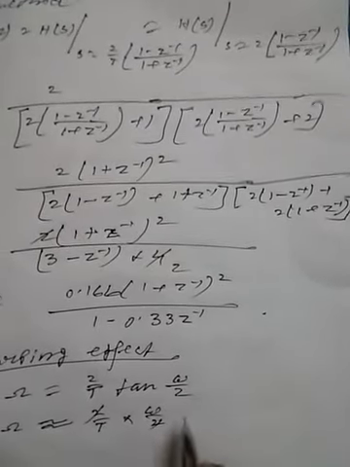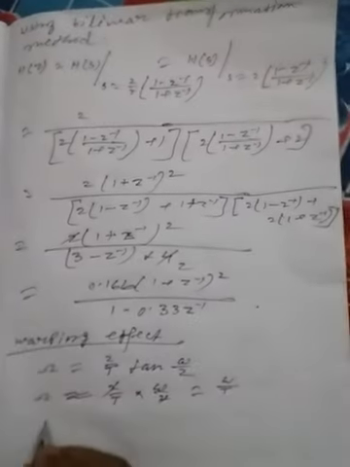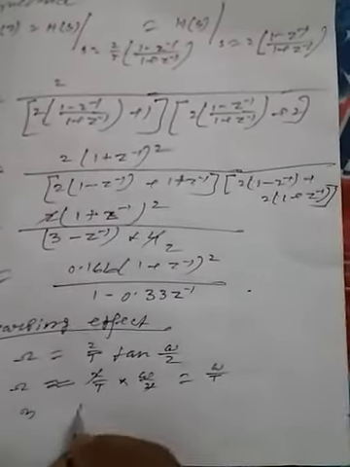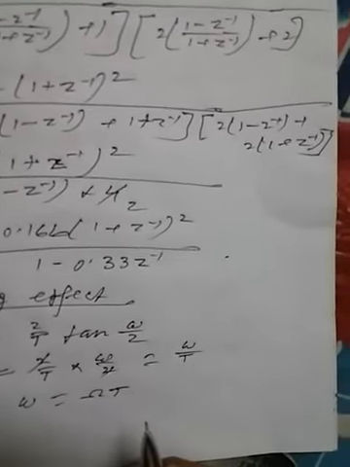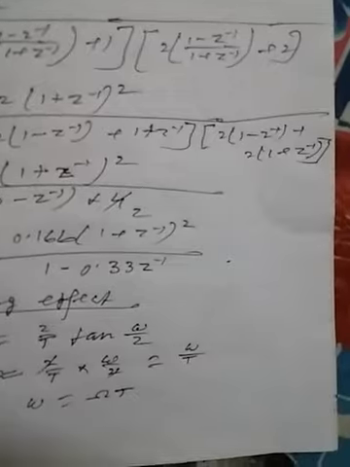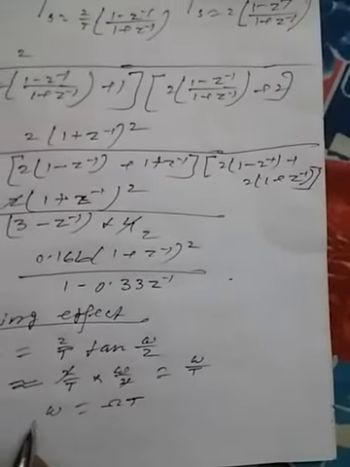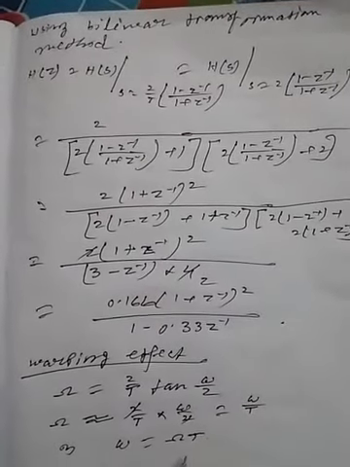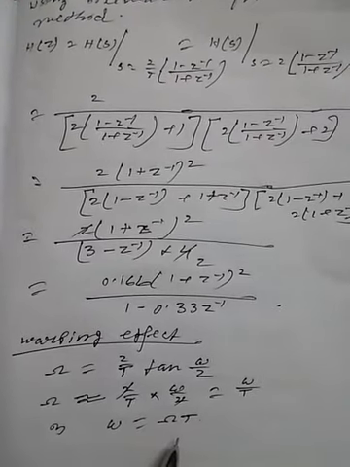So we obtain small omega by T. From here we can write that small omega equal to capital omega into T. So for low frequencies, the relationship between capital omega and small omega is linear. As a result, the digital filter has the same amplitude response as the analog filter.